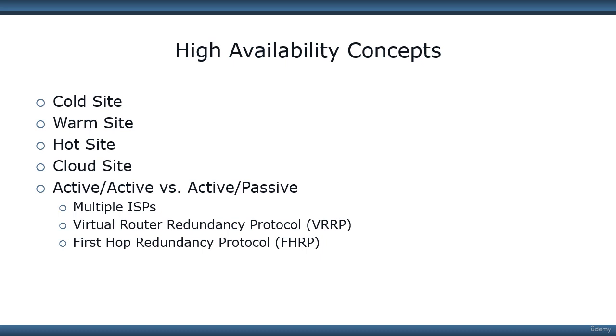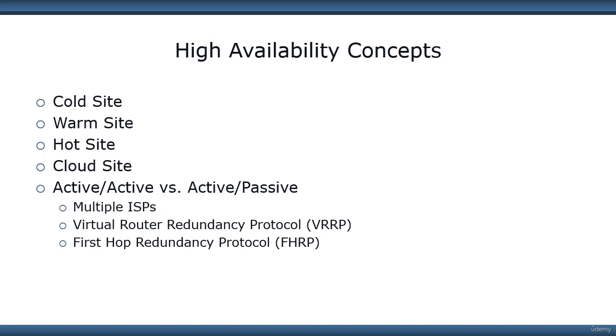It's not one of our locations. It's not a co-location. Active-active versus active-passive is another concept that we need to understand. Active-active means we have two separate sites or two separate servers, both of which are actively facilitating client connections. Active-passive means you have a secondary device that's sitting there waiting, and only becomes active if the other device fails.